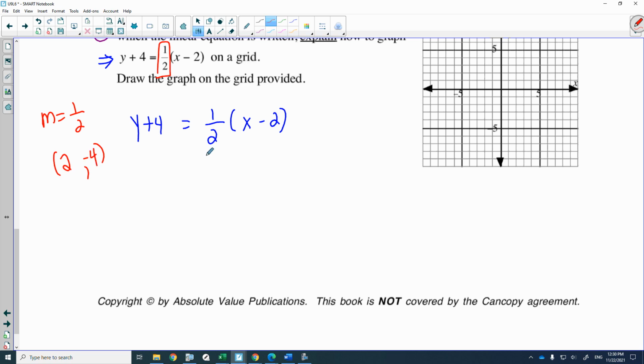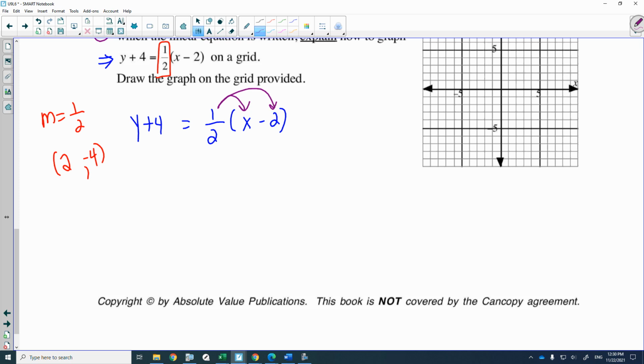Now, so we could do it from here, right? Find that point and then follow your slope. Rise of 1, run of 2, rise of 1, run of 2. Let's review, though. How do we get rid of, let's go into y is equal to mx plus b, because now we have a fraction. So this was one of your test questions. You got to get rid of the bracket. So you take that fraction, you're going to distribute it in here.